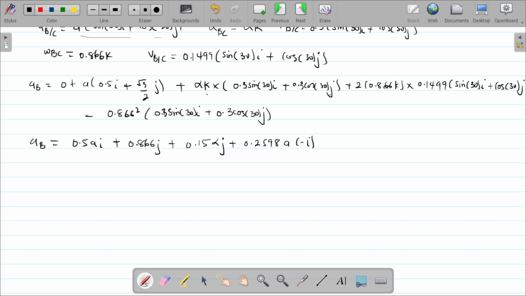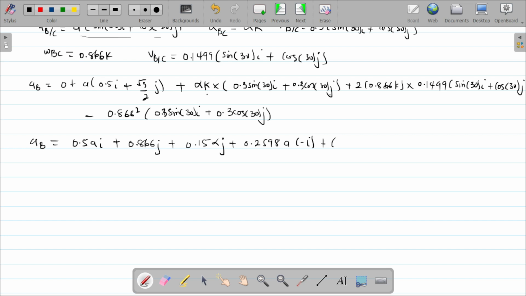Okay, next we are done with this guy. We come to what is here. This time you have to first expand this. So you're going to have 2 times 0.866 k cross 0.1499 sine 30 i.